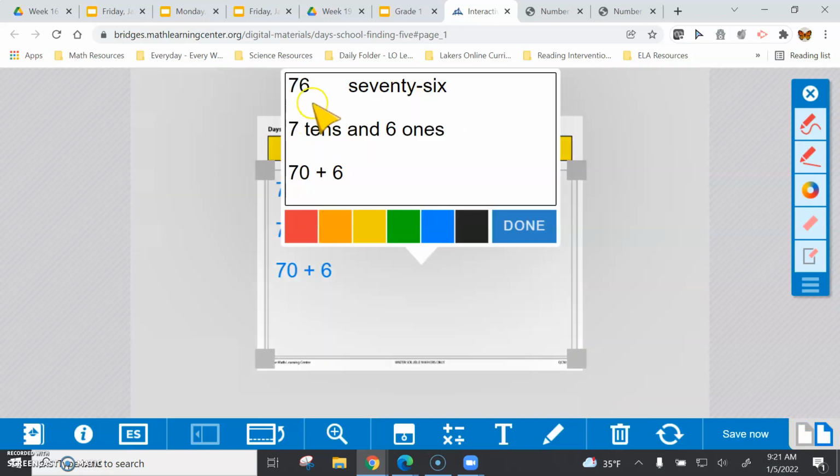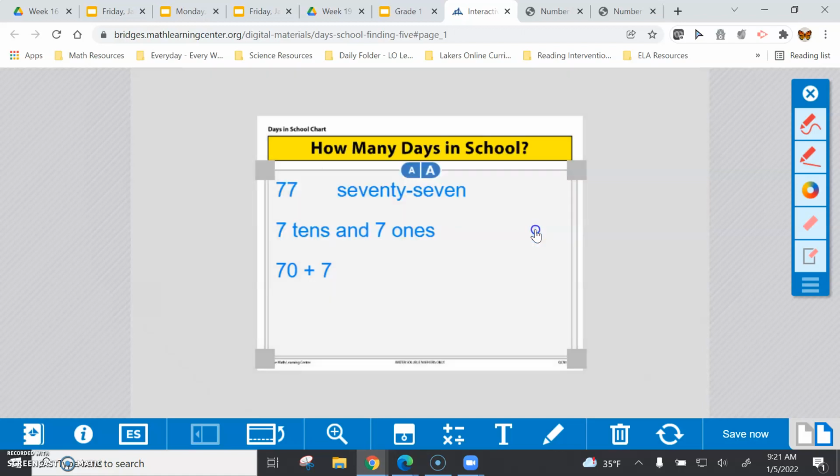Change our information here to show 77. We're writing the number word 77. 77 is made up of 7 groups of 10, which we saw in the other chart, and 7 ones. 70 plus 7 does make the big number 77.